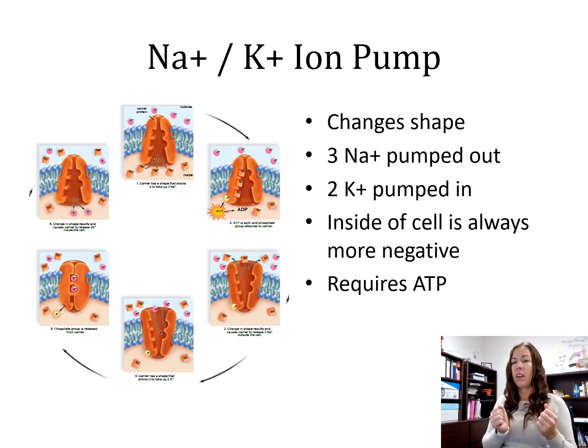And so breaking that third phosphate off to attach it to that carrier changes the shape to allow the sodium to be loaded up into the carrier, and then the carrier will change shape and allow sodium to be released, and then potassium is taken in, and then the release of that phosphate from that carrier changes the shape of the carrier to release potassium inside. And the whole purpose of this is to trigger a nerve impulse that would elicit some response.